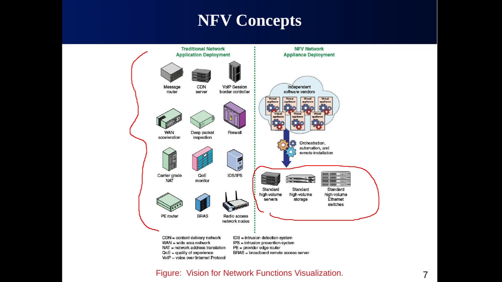So you can add more resources if required, and you can reduce the number of resources if they are not required anymore. So this is the concept of NFV that I explained.